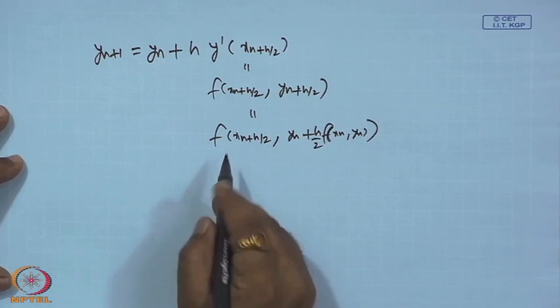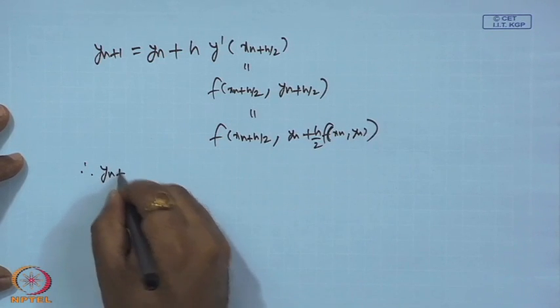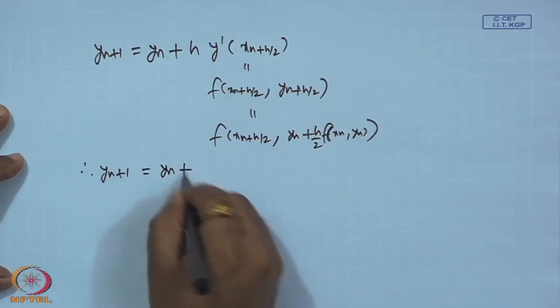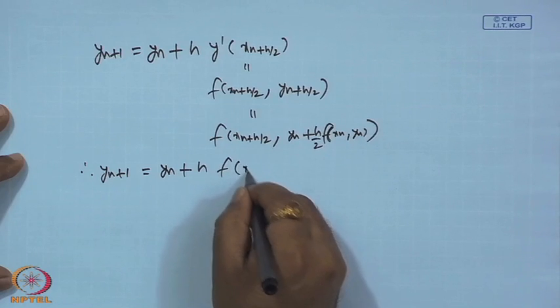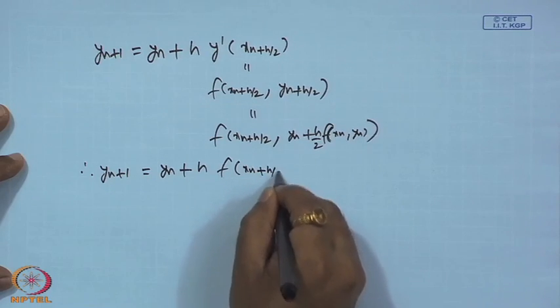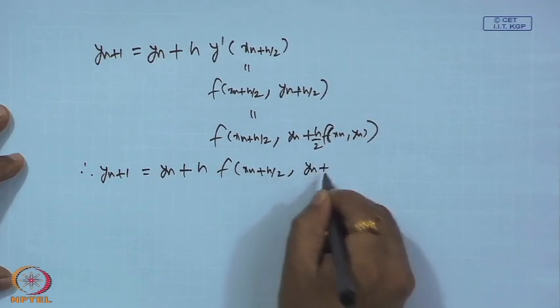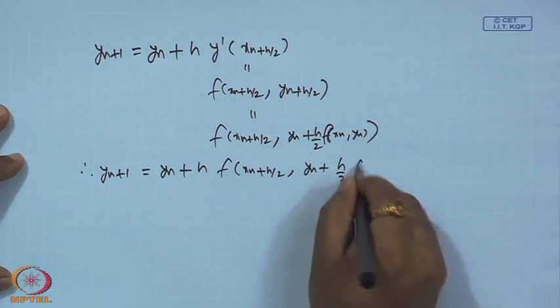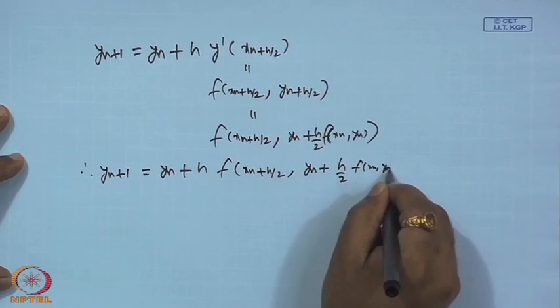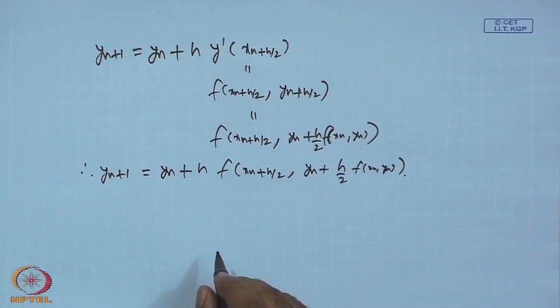Okay. So, therefore, we get the method, so this is modified Euler if we use midpoint.